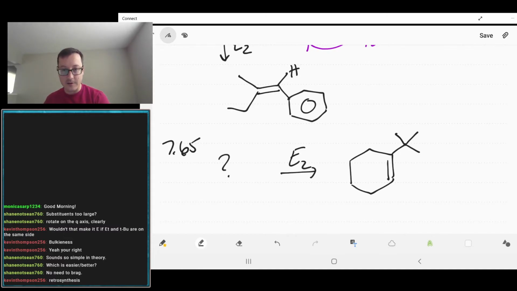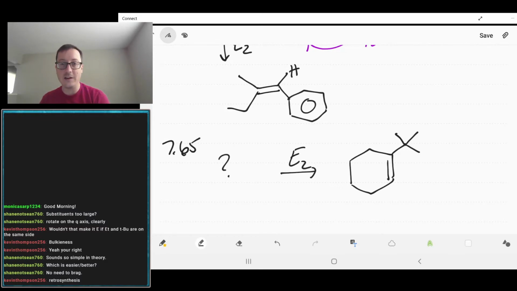Yes, retrosynthesis. So we need to evaluate some way of making this compound. And indeed, this process is called retrosynthesis or retrosynthetic analysis.